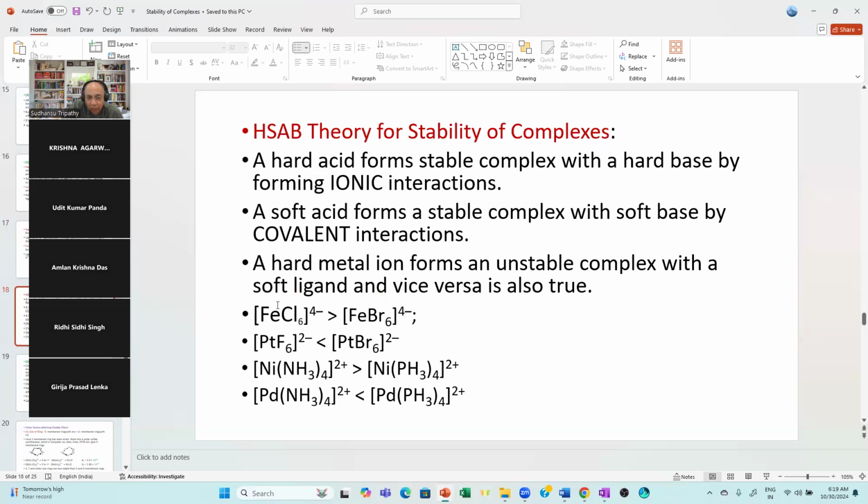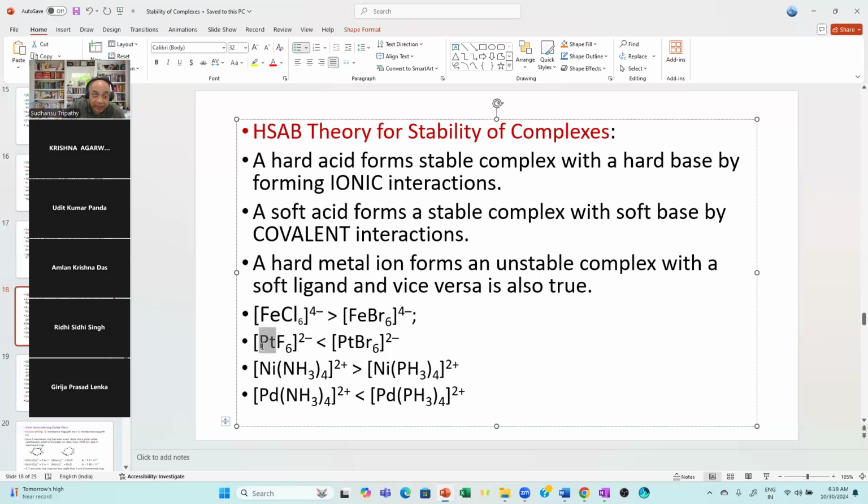Fe2+ forms a more stable complex with chlorido, which is a relatively harder Lewis base ligand, than bromido. Chloride comes under the hard category. So Fe2+ is hard, 3d, and chlorido is taken as hard. But bromide is a soft Lewis base, so it will form a less stable complex.